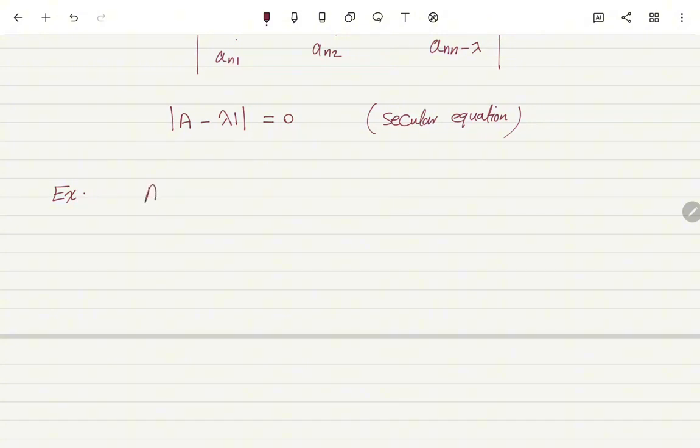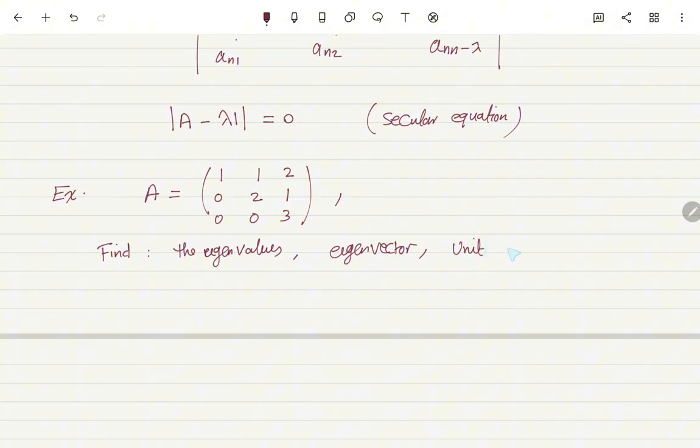If we have a matrix A equal to 1, 1, 2, 0, 2, 1, 0, 0, 3, find the eigenvalues, eigenvectors, and unit eigenvectors, which means the normalized eigenvectors.